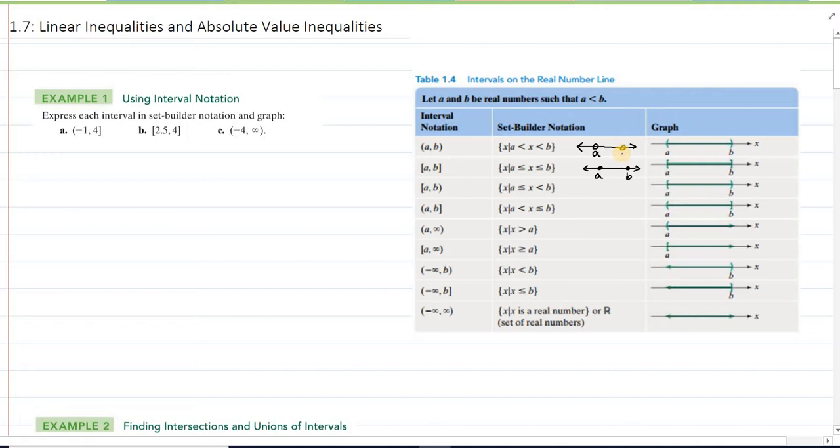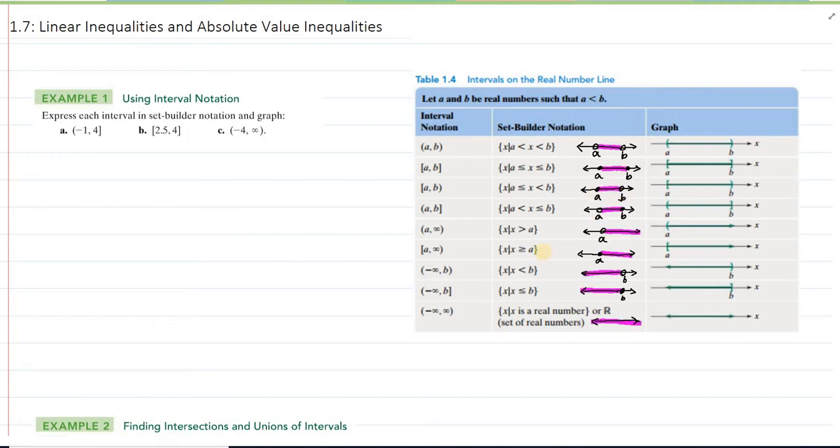I'm not sure if you learned it this way, but if you did, an open circle just means you're going to have a parenthesis on both sides. Then the third one is a solid circle for the brackets and an open circle for the parenthesis. That is how it looks if we have an open circle and a closed circle.